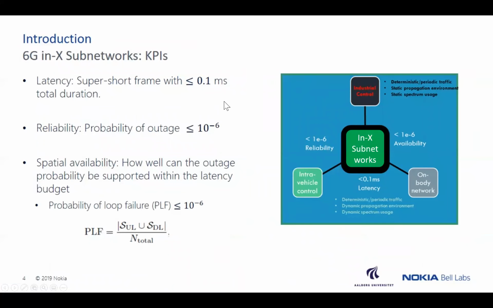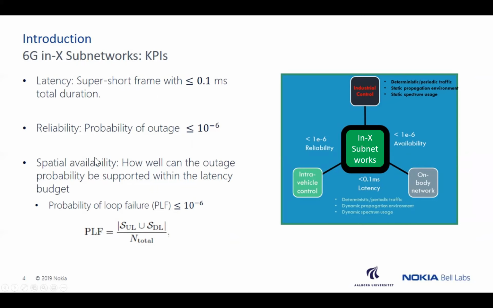In summary, here are the KPIs that we have set. We have the communication loop, which has to be below this latency requirement. And we would also like to have reliability measured in terms of the probability of outage below 1E minus 6, and here we need to be able to guarantee this at any given location and time.